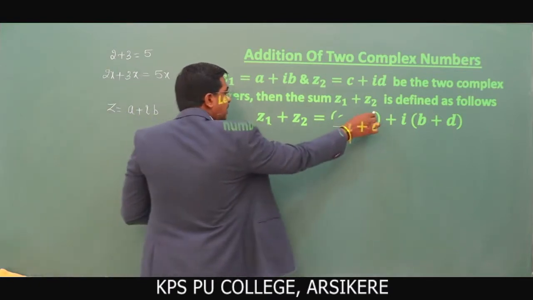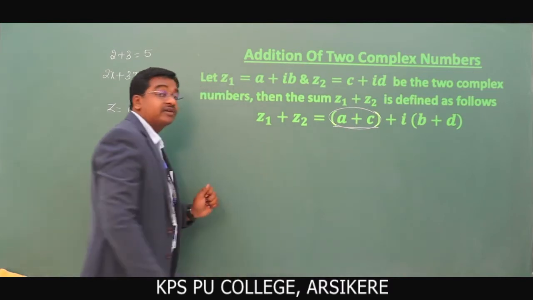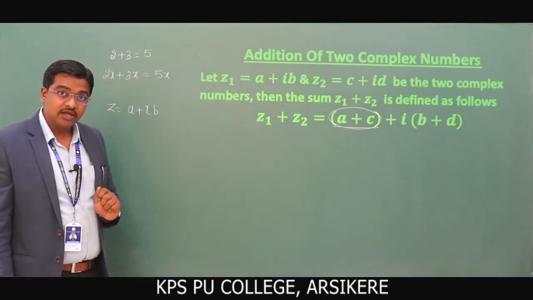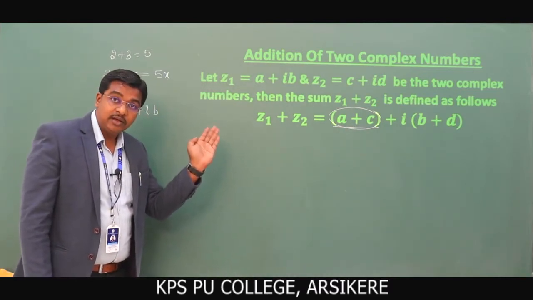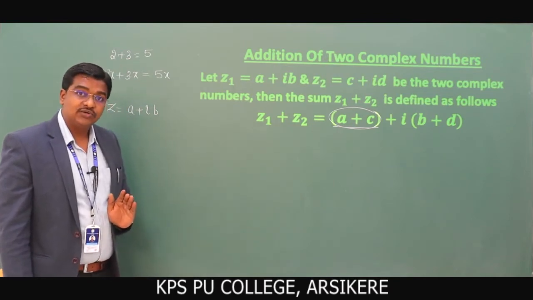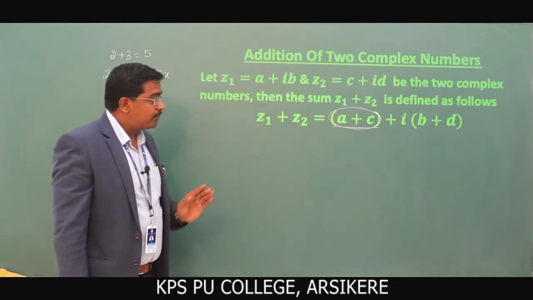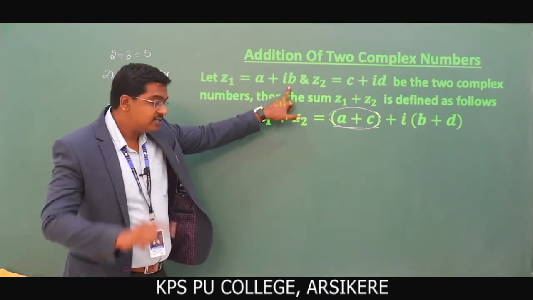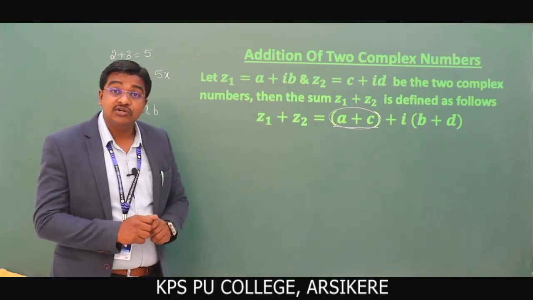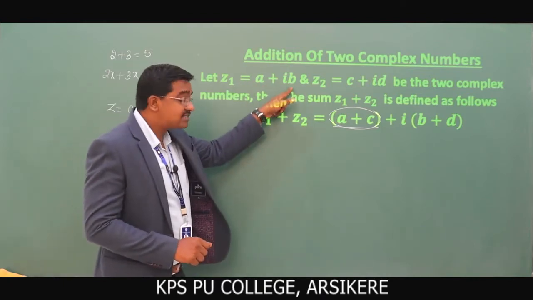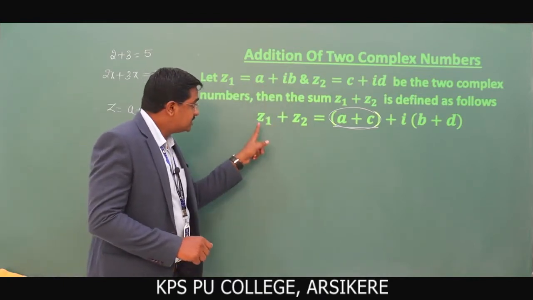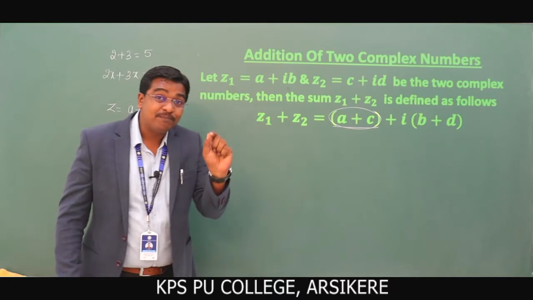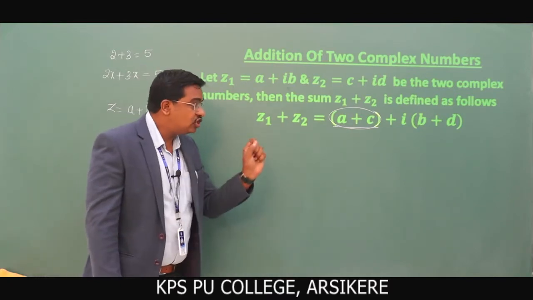So here what we have written is that we are adding the real parts of the corresponding complex numbers: real part of z1 plus real part of z2. Similarly, second one, plus i into the imaginary part, which is b in z1. Similarly the imaginary part of z2 is d. So we do b plus d. So you will get z1 plus z2 is equal to a plus c plus i into b plus d.